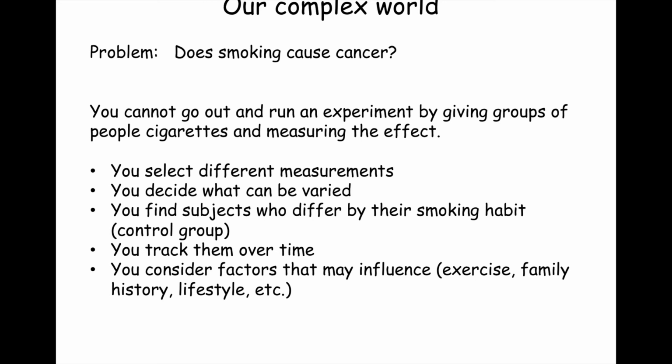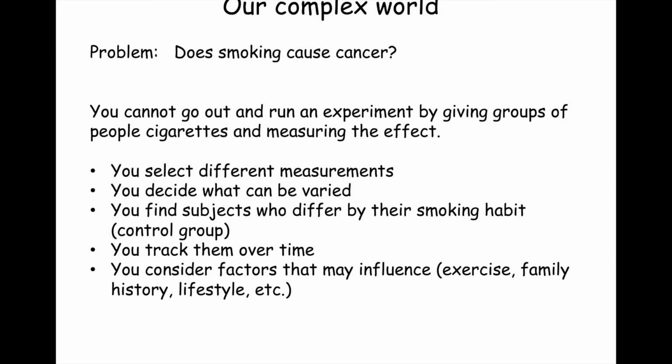So, for example, in this smoking example, you want to find people who are very similar in their lifestyle, and the only thing that they vary in is the smoking habit. Because let's say if they varied in the amount of exercise that they get in addition to the number of cigarettes they smoked each day, well, that amount of exercise measurement is what's called a confounding factor, right?